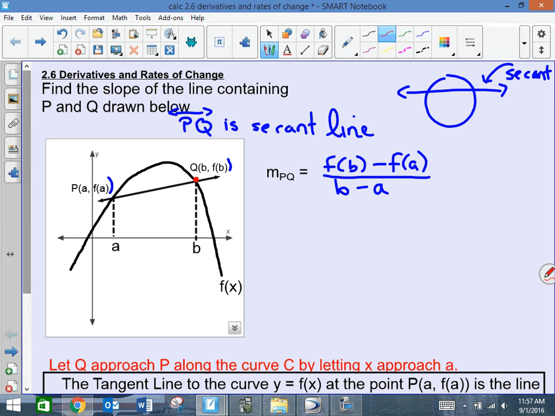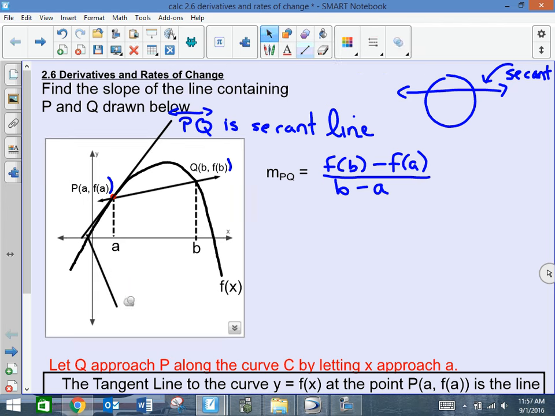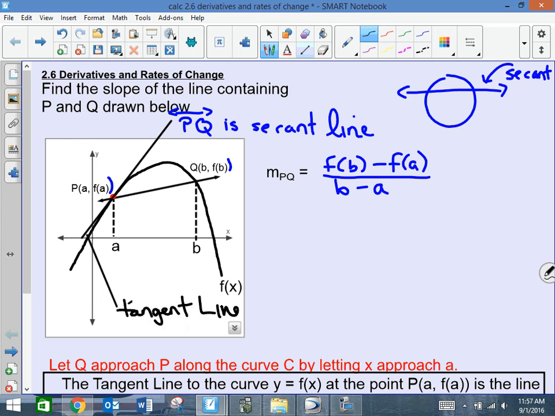For the purpose of calculus, we want to take Q and we want to move it so it's pretty much on top of P. And now, what do you call this line? Tangent line, that's right. I said for the sake of calculus.